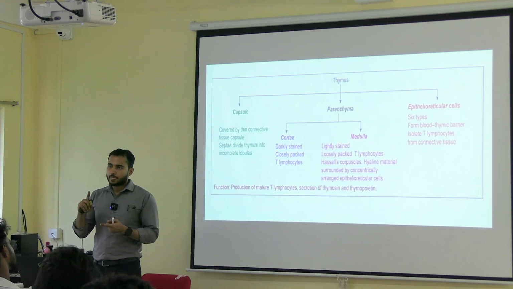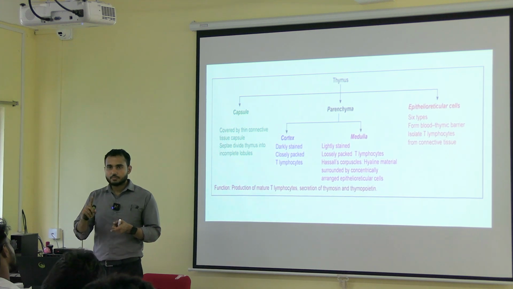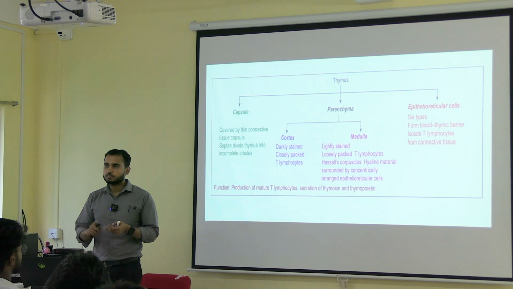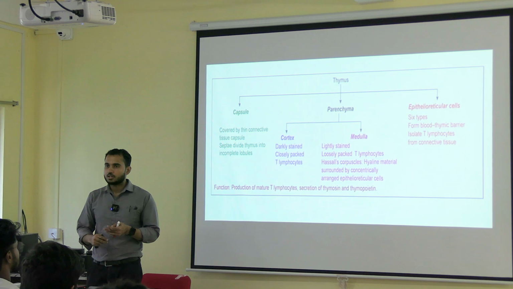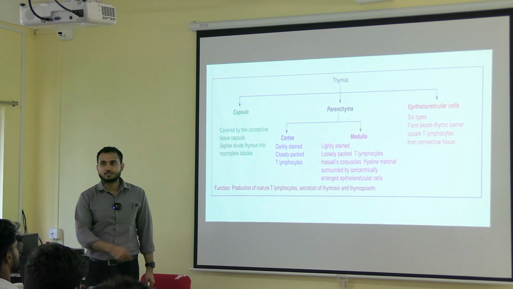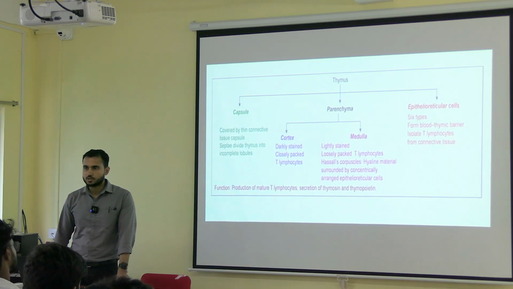Their functions range from the maturation of T lymphocytes, to producing the blood thymic barrier, to producing the junction between the cortex and the medulla. All these functions are done by these epithelio-reticular cells. That's why these cells are extremely important.